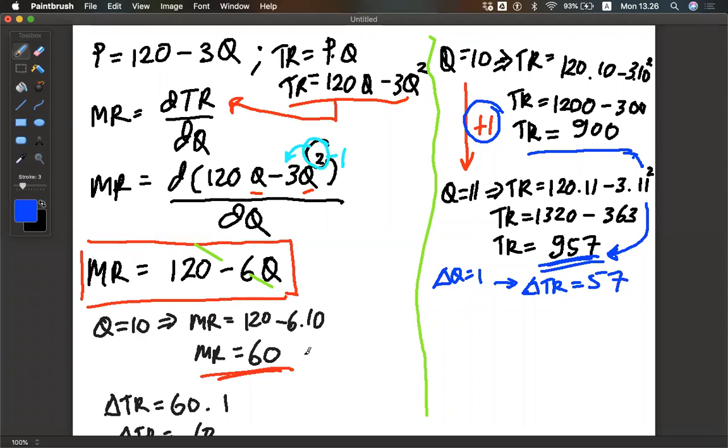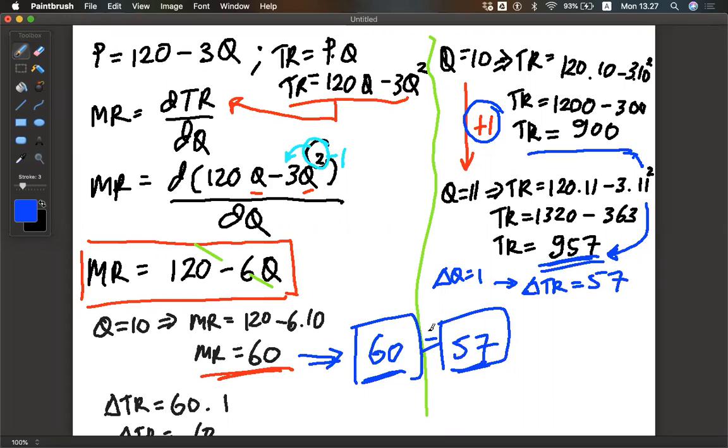So if it is compared, this one will say 60. But if we use this exact calculation, we will have 57. So there is some tolerance between these numbers.